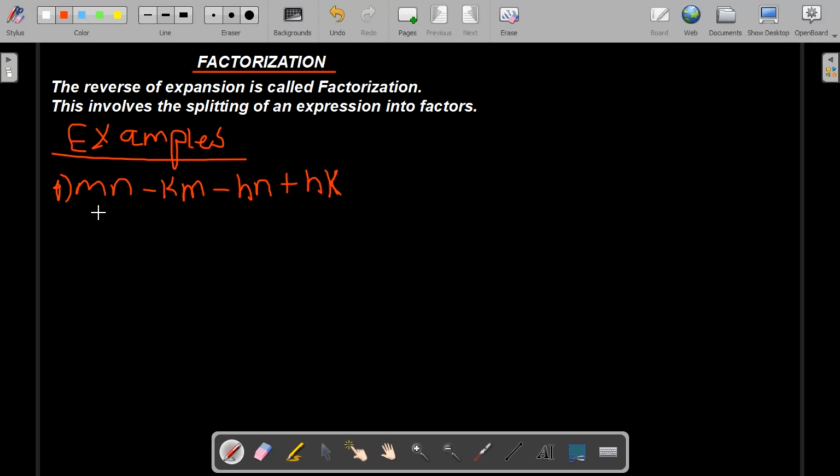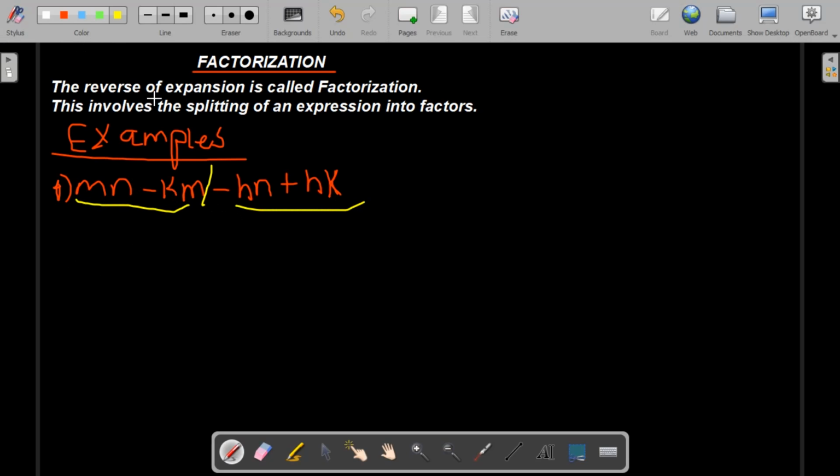For this one, we're going to cut them into 2, because we can only factorize 2 terms at a time. So we're going to factorize this side alone and also the other side alone.